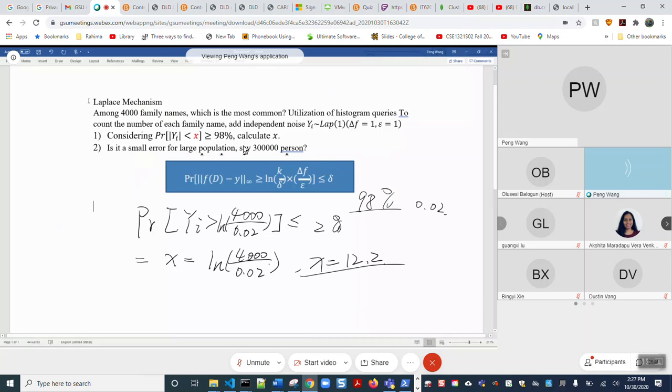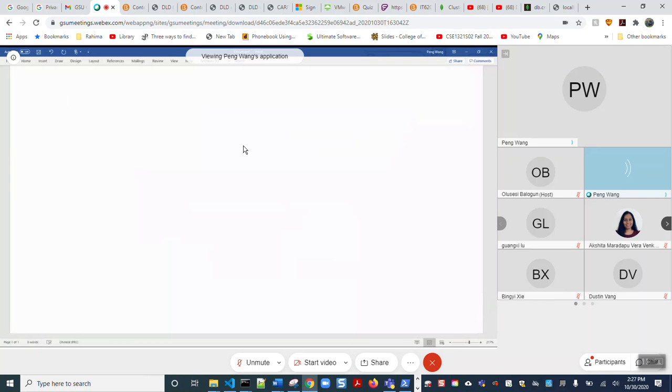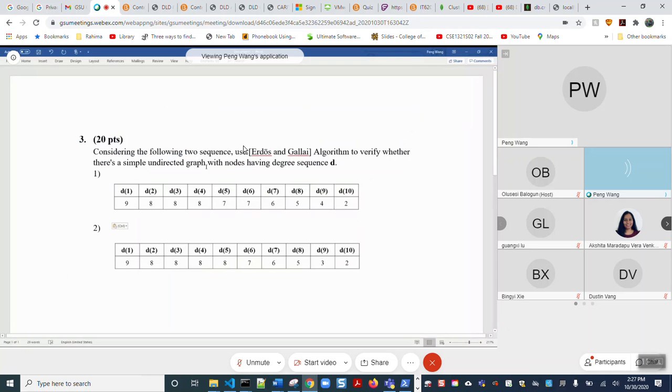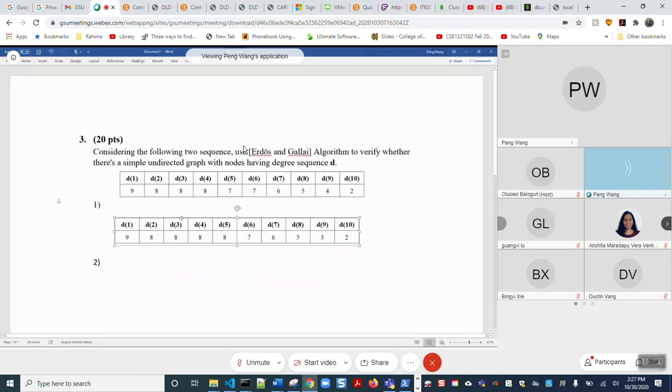Here is kind of a small calculation, but in the next question, let's move to the sixth question. In the sixth question, there may be a little bit more calculation. Okay.